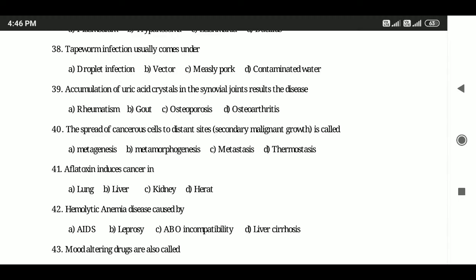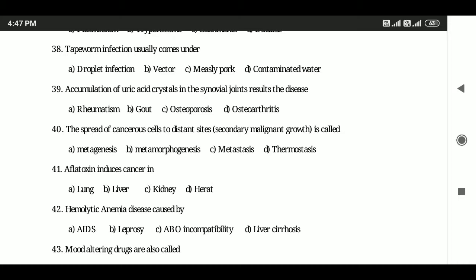Osteoarthritis is a common arthritis disorder. Osteoporosis is spongy bone disease due to deficiency of calcium or vitamin D. Gout is a condition where uric acid crystals get deposited in the synovial joints, and it's called gout or gouty arthritis. So for this question, the right answer is B.